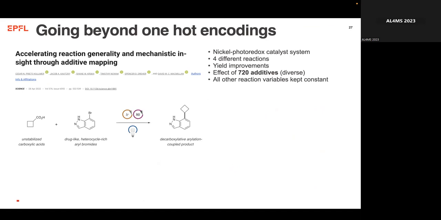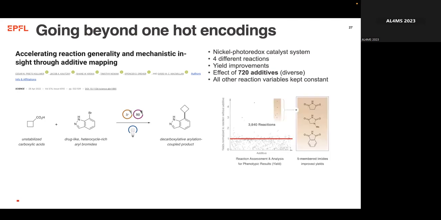All the other reaction variables besides this additive were kept constant. It's a challenging dataset because there are only a few additives that really improve the yield.